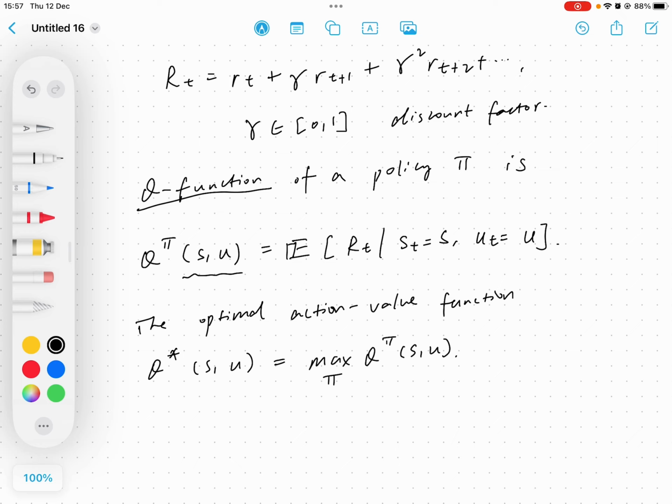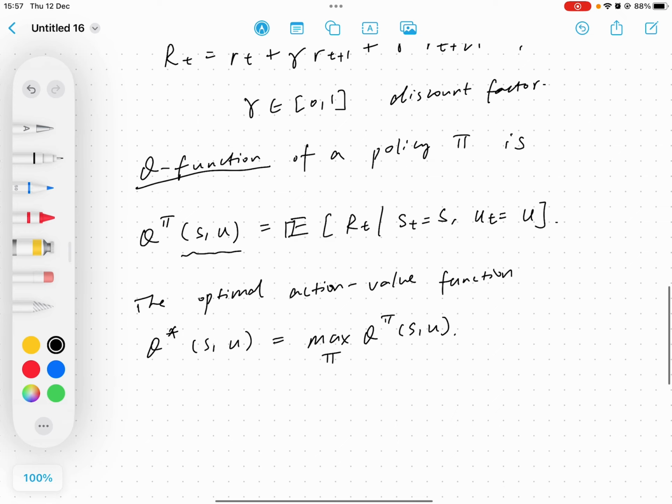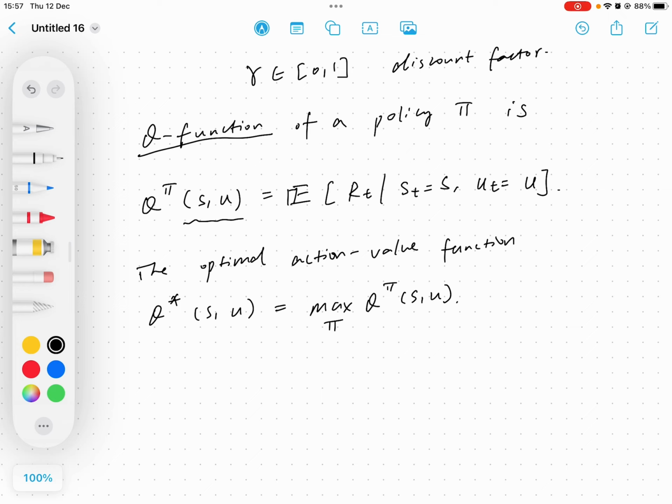And in earlier videos we have shown that this can be written in the Bellman equation. A Bellman equation is just a very standard result from dynamic programming that helps us rewrite those objective functions in terms of current reward and future rewards. So that's it, nothing else.